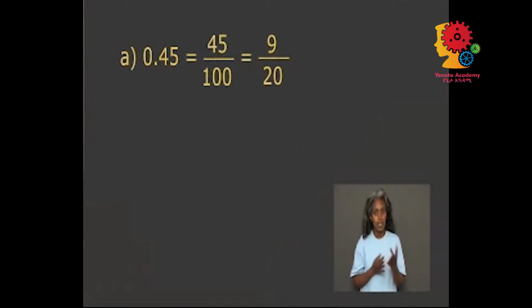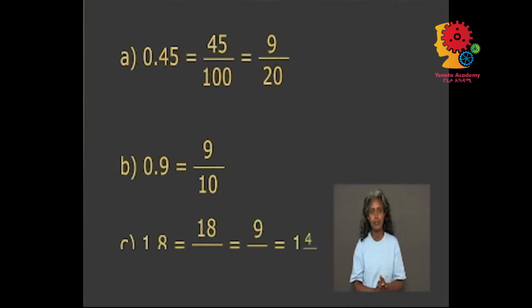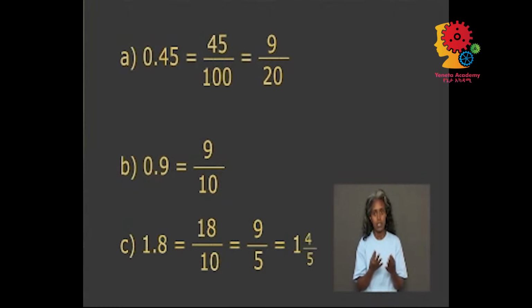Welcome back, students. Please compare your answers with these. 0.45 is expressed as 45 over 100. This can be simplified as 9 over 20. 0.9 is expressed as 9 over 10. 1.8 is expressed as 18 over 10, or 9 over 5.